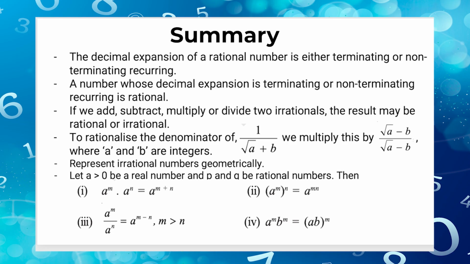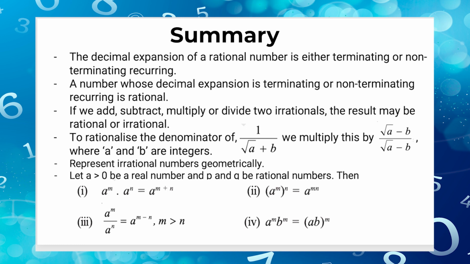Firstly, the decimal expansion of the rational number is terminating or non-terminating recurring. Second, a number whose decimal expansion is terminating or non-terminating recurring is a rational number.